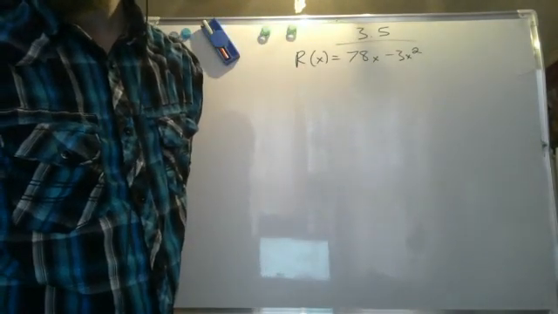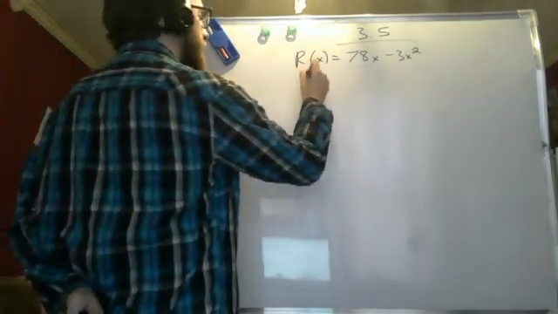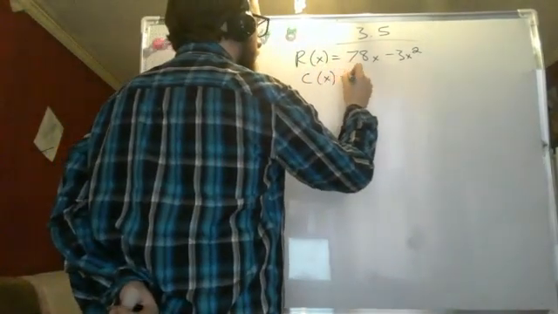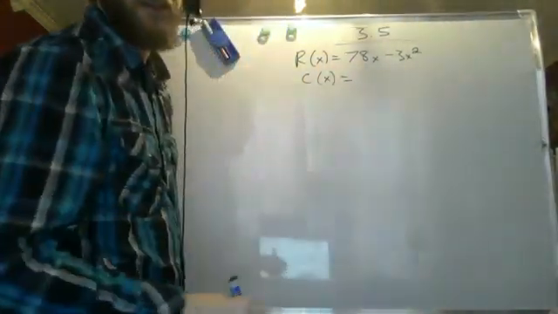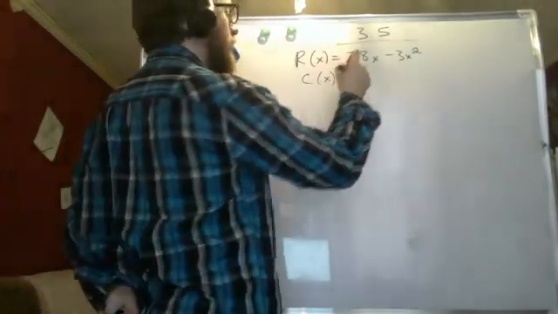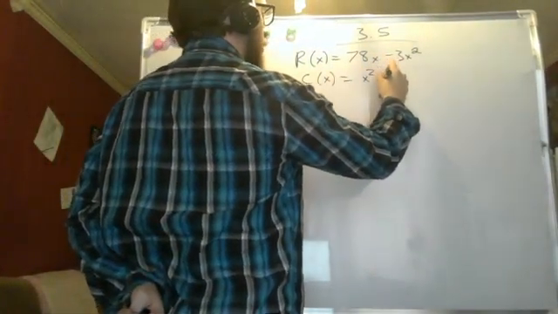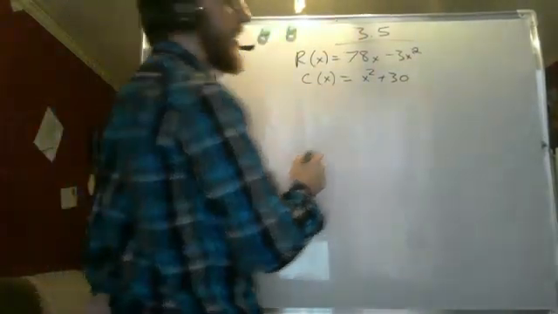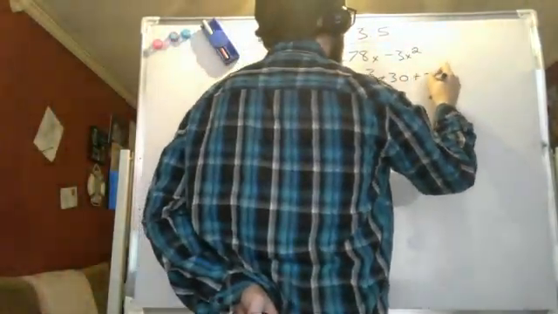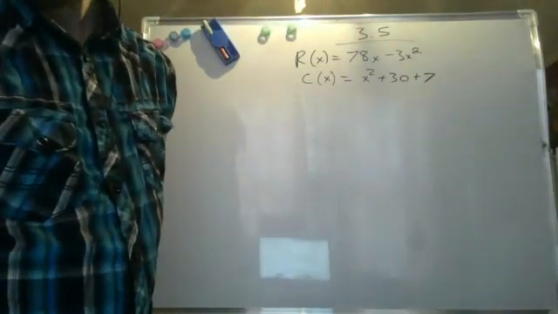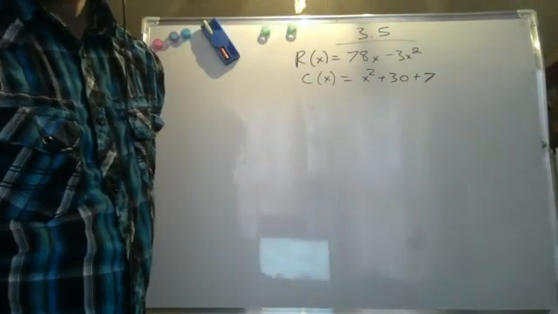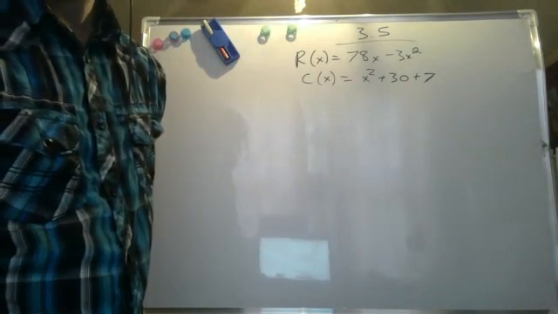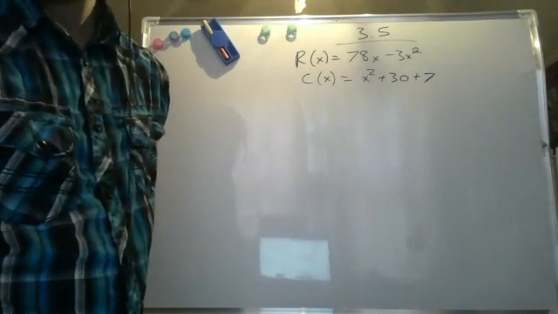The cost function is given by C of x. Again, they give it to us, which is nice. C of x is equal to x squared plus 30x plus 7.